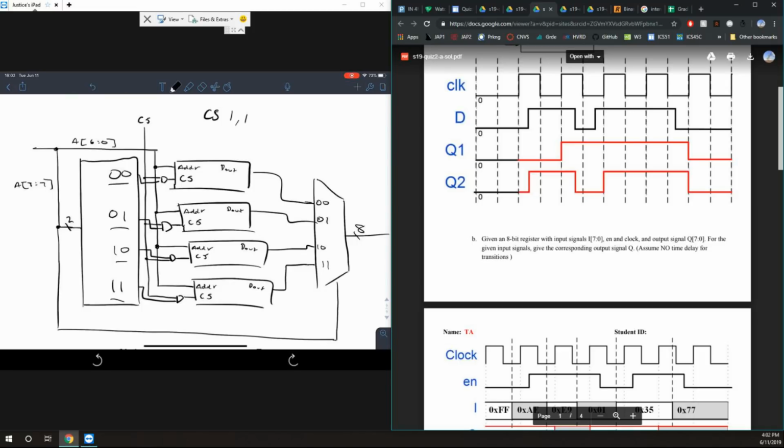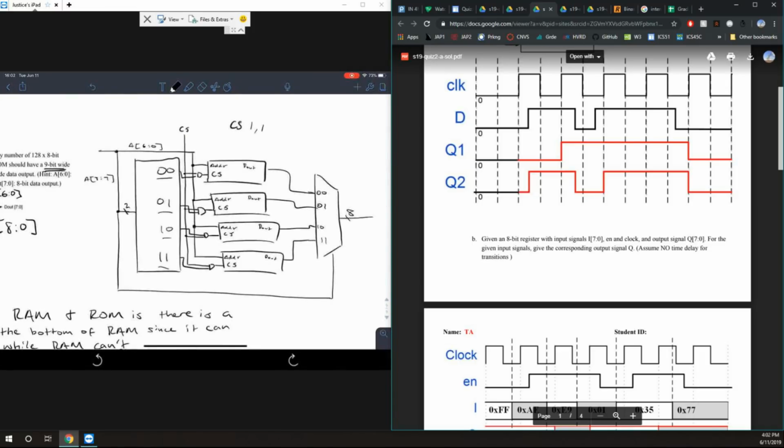Because we're choosing out of one of 4 ROMs, using the decoder, we also have to take those 2 bits and put them into it like that. Is everyone good with that?